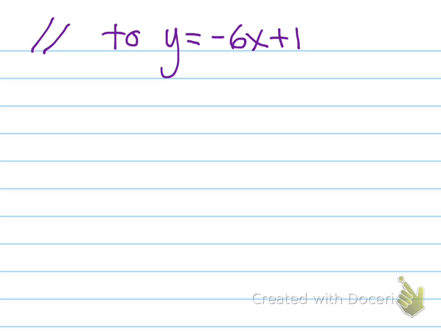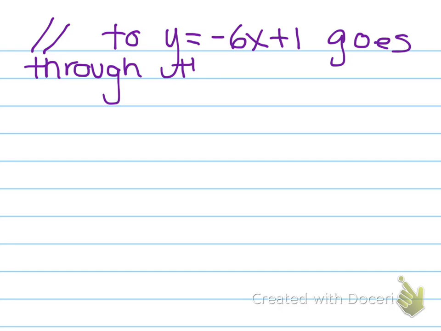So now I can ask you to find a line that is parallel to the line y equals negative 6x plus 1, but it has to go through the point 1, 4.